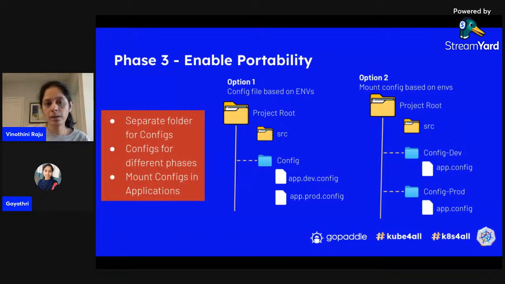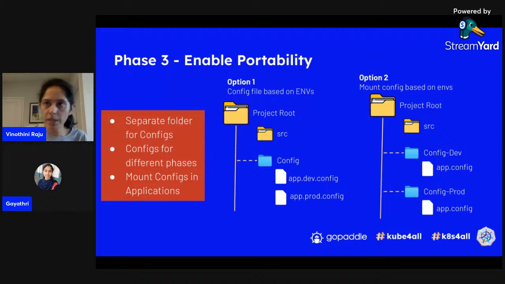One such resource that is readily available to you in kubernetes which will enable portability is your config maps, right? If you have configuration files on how you bring up your application, say, for instance, if your application has to connect to a specific database, earlier I talked about envs. Env is one good option, right?